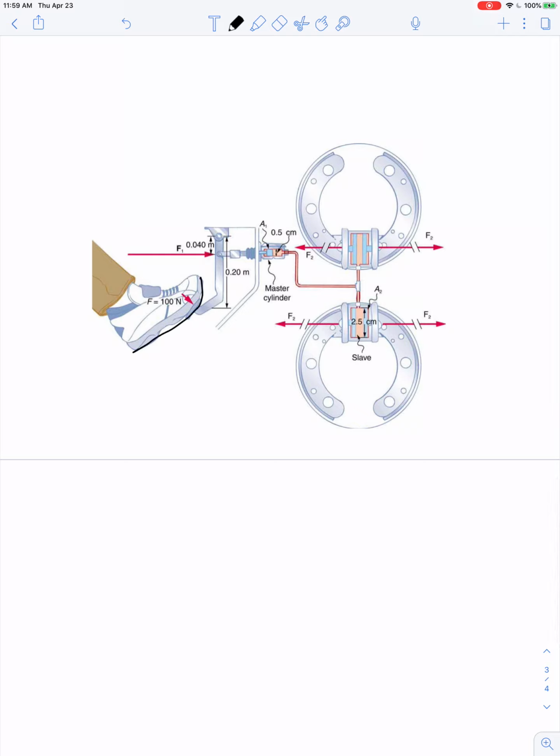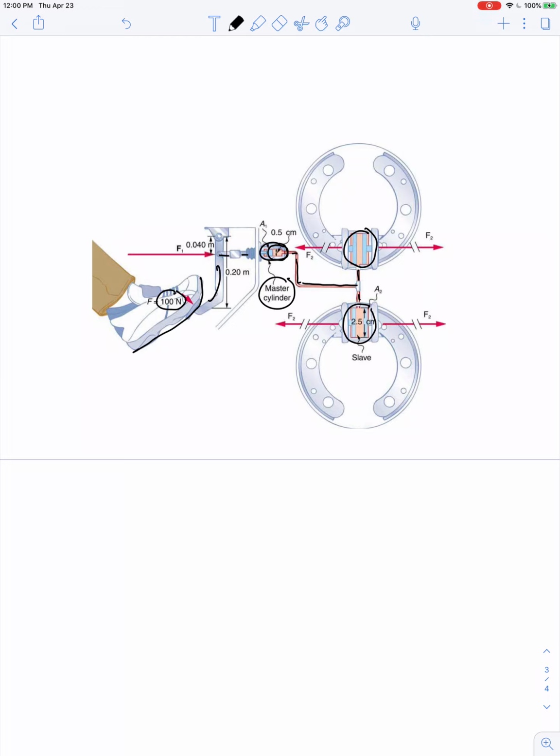Your foot pushes, for example, with a force of 100 newtons against the brake pedal, and that causes a plunger to compress the fluid in the master cylinder that has a smaller area. It's a completely enclosed fluid, and the slave cylinders have a larger cross-sectional area, and so there's a multiplication of force.